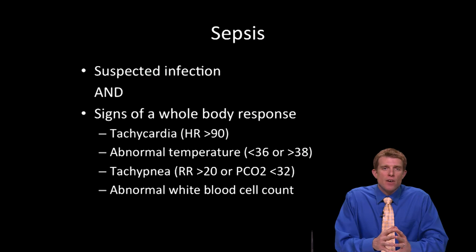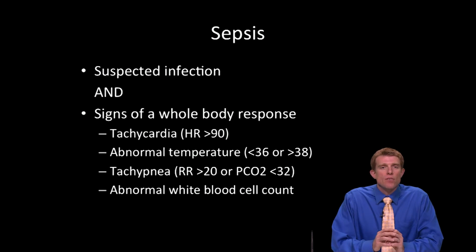Sepsis is typically defined as suspected infection, so not confirmed infection, but if the healthcare provider suspects infection, and signs of a whole body response. For the last decade or so, people have used the SIRS criteria, or Systemic Inflammatory Response Syndrome criteria.